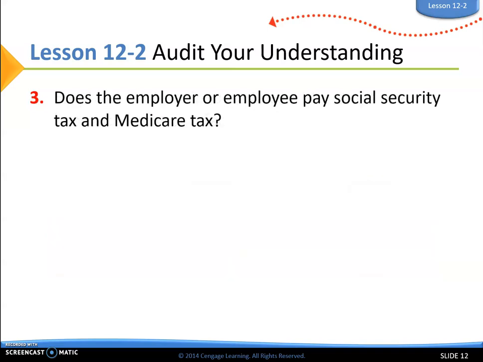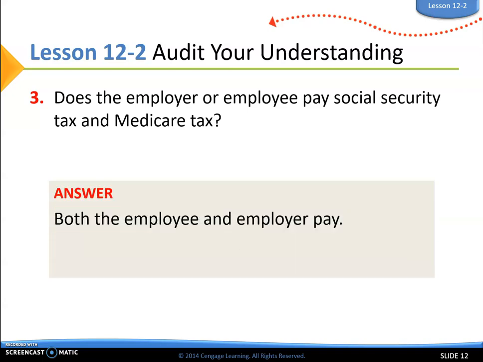Number three, does the employer or the employee pay Social Security tax and Medicare tax? On these two, both the employee and the employer are going to pay Social Security and Medicare. We'll get into that a little more in the next section.